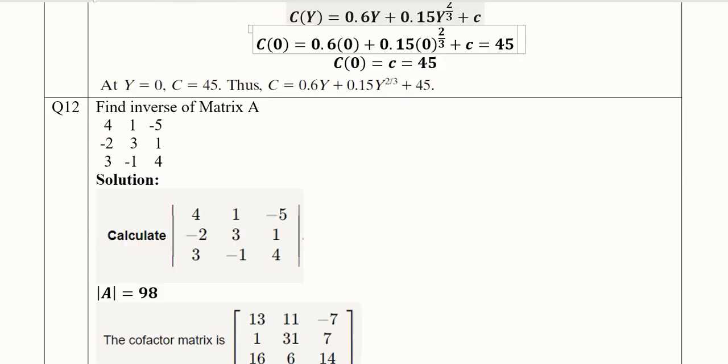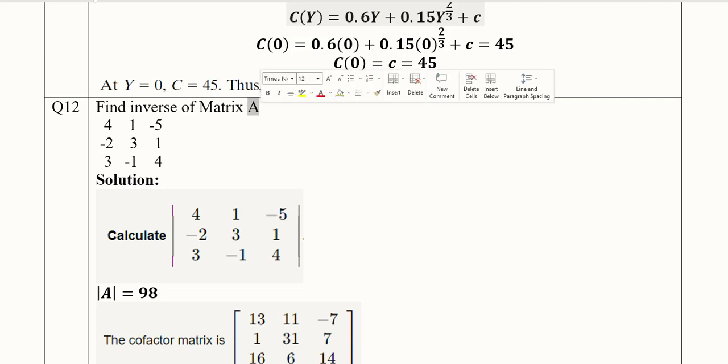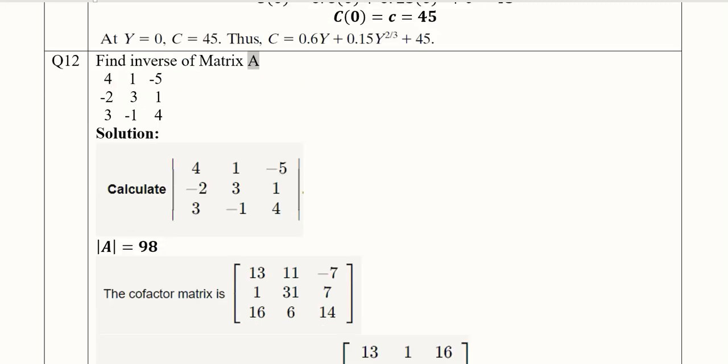Now finally, the last question is simply about the inverse of a matrix, which is denoted by A, and this A needs to be solved. We know that the formula for finding the inverse of a matrix is simply the ratio of the adjoint of that matrix and the determinant of that matrix.